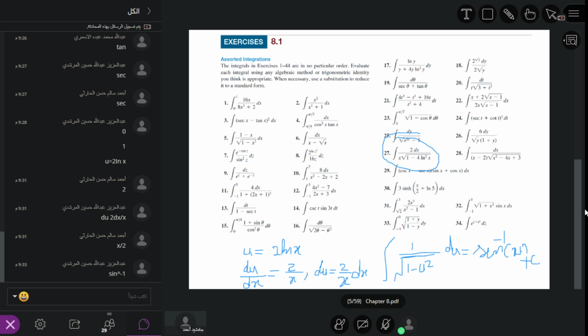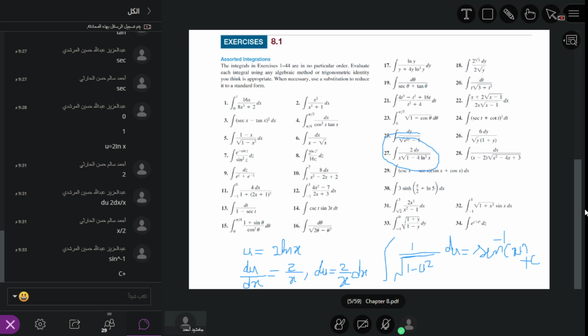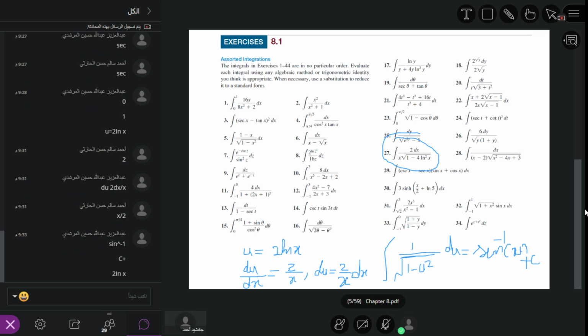So what is u? We just put the value of u. As we supposed in the start, u is equal to 2 log natural x.